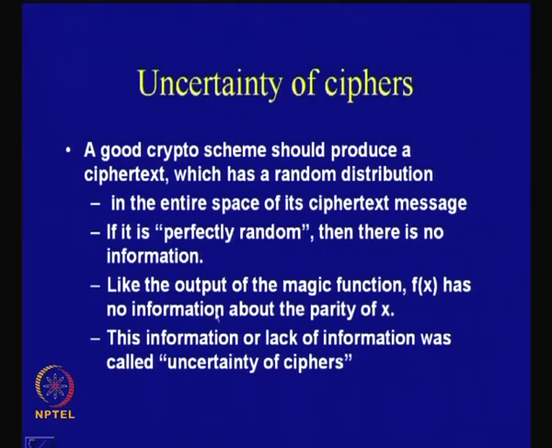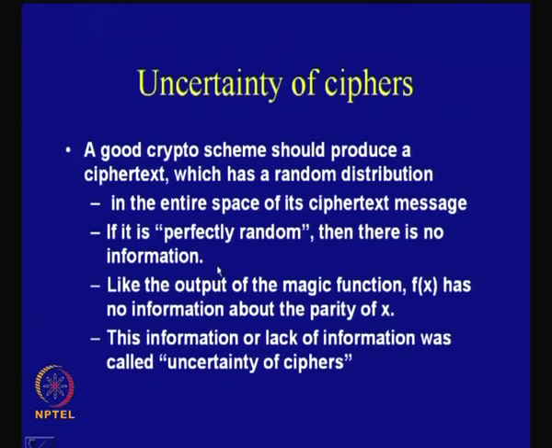If you remember, we talked about the magic function f(x), and if the function f(x) does not leak any fact about the parity of x, then we say that it does not leak any information. This lack of information is sometimes also referred to as the uncertainty of ciphers.